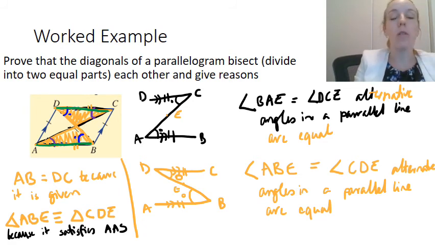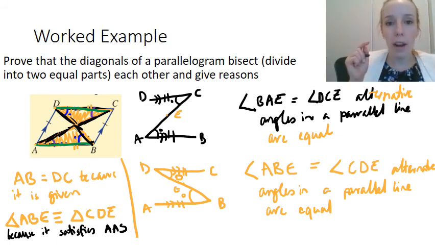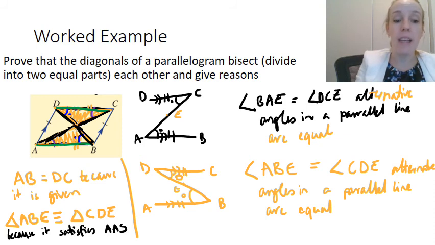And then because these triangles are congruent, we obviously know that they're exactly the same shape and exactly the same size. So that must mean that B to E is exactly the same length as D to E, and C to E is going to be exactly the same length as A to E, because if they are congruent triangles, they're exactly the same shape and size, which means those lines have to be exactly the same.